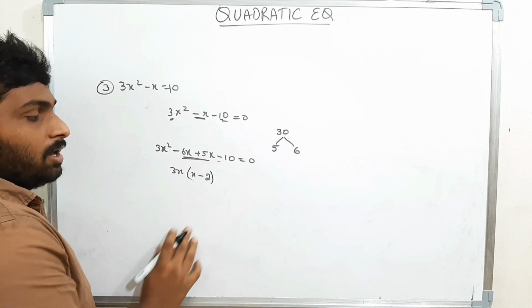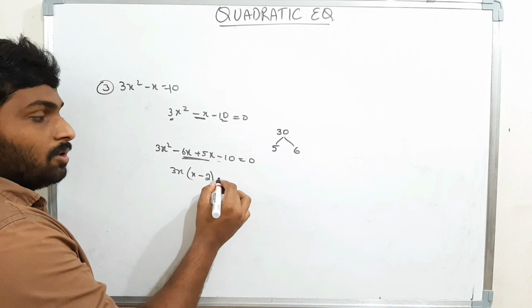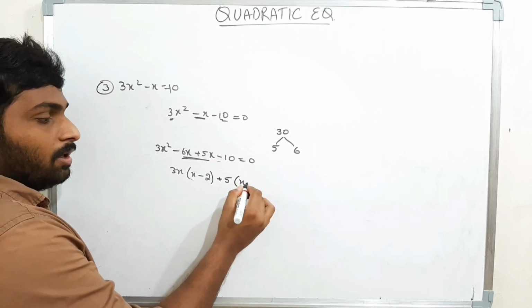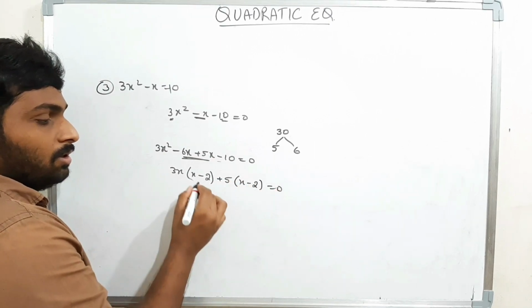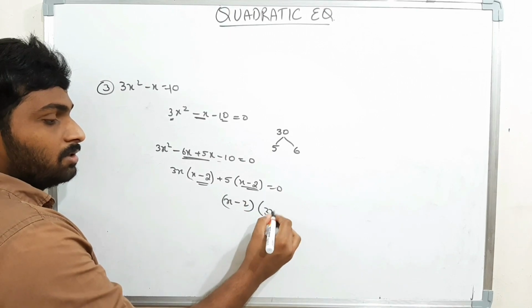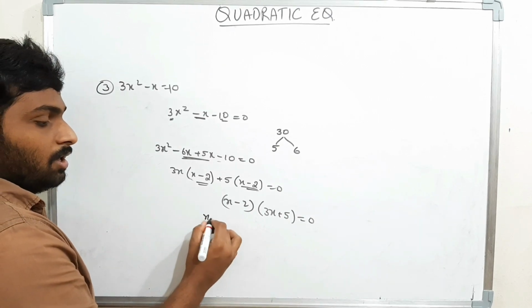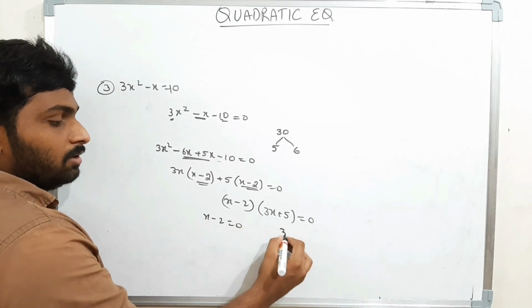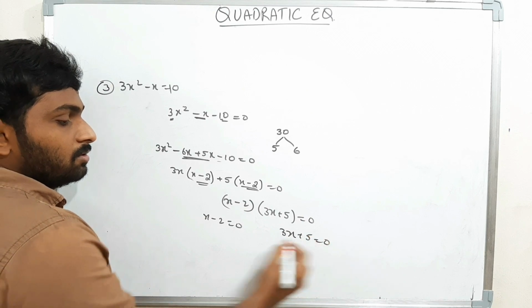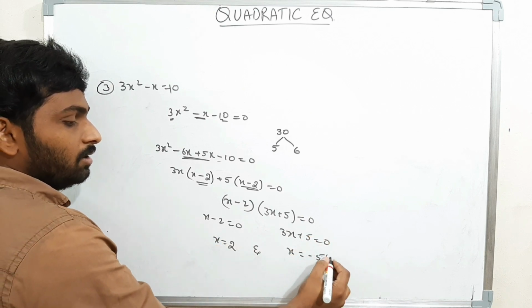And in the last two terms I can take 5 common, plus 5 into x minus 2 equal to 0. Both are the same. Therefore, x minus 2 into 3x plus 5 equal to 0. Therefore, what are the equations? x minus 2 equal to 0 and 3x plus 5 equal to 0. Therefore, x is equal to 2 and x is equal to minus 5 by 3.